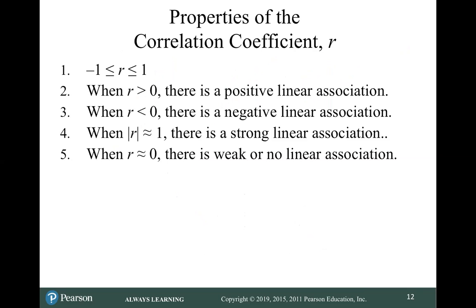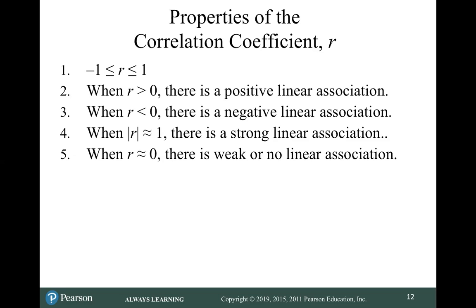So a 1 means that it's a line. If I have a correlation of 1, that means all of my points lie on a line. Okay, if it's negative 1, that means all of my points lie on a line with a negative slope. It does not mean that the slope is negative 1. It just means those points lie on that line with a negative slope.